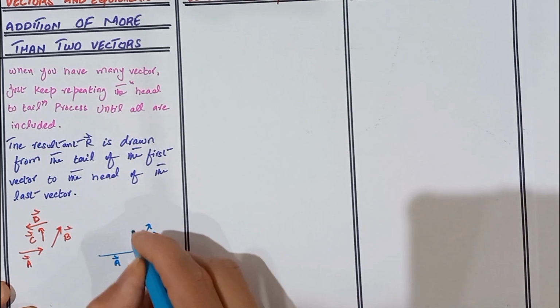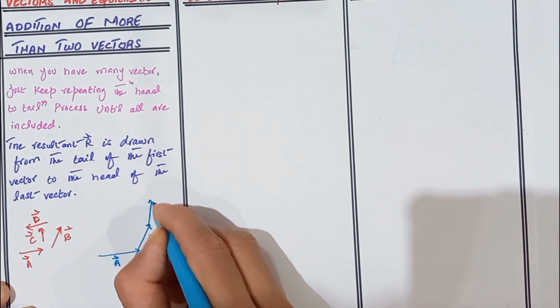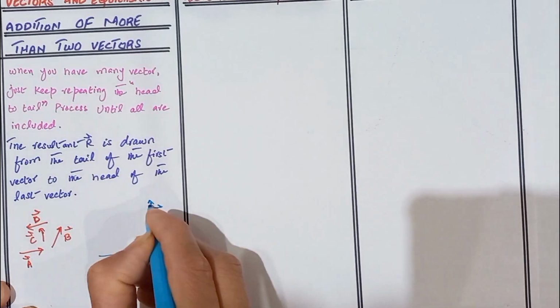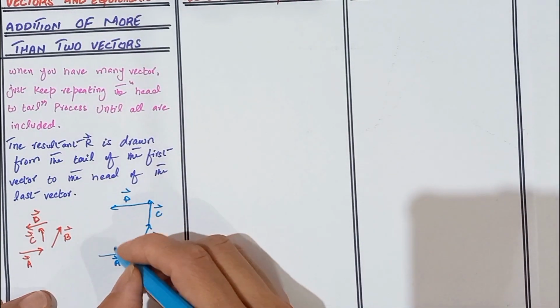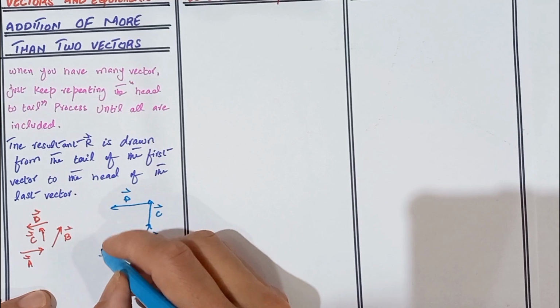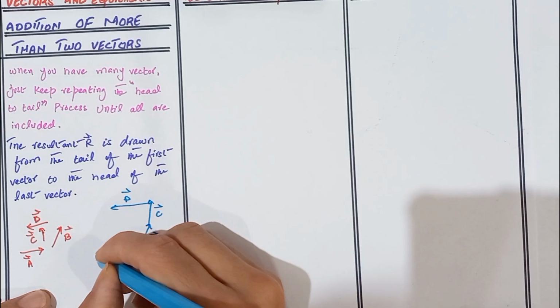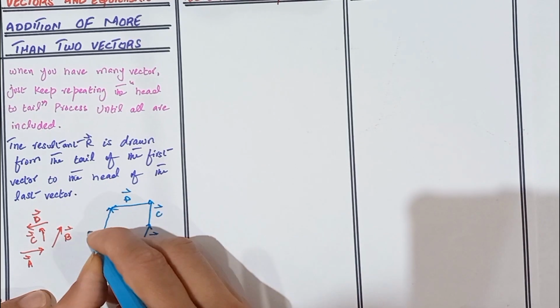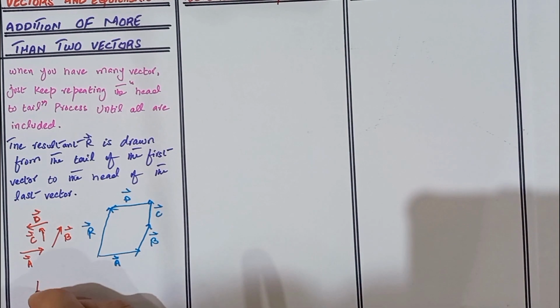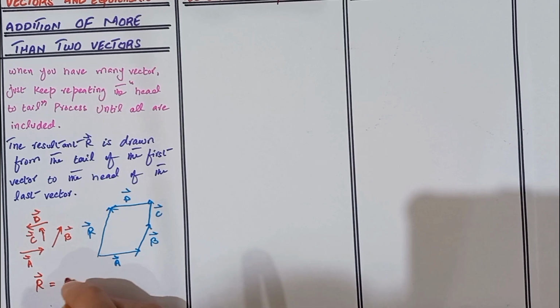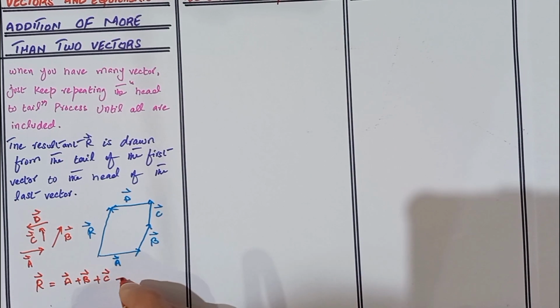Then to vector B we add the vector C. Then we add the vector D. And last we draw the resultant vector from the tail of the first vector to the head of the last vector. This is the resultant R. So here we write that resultant R is equal to A vector plus B vector plus C vector plus D vector.